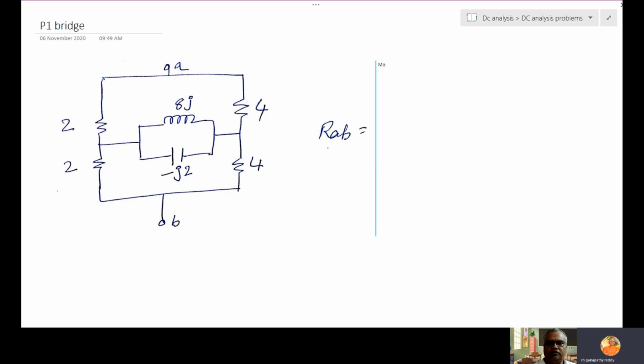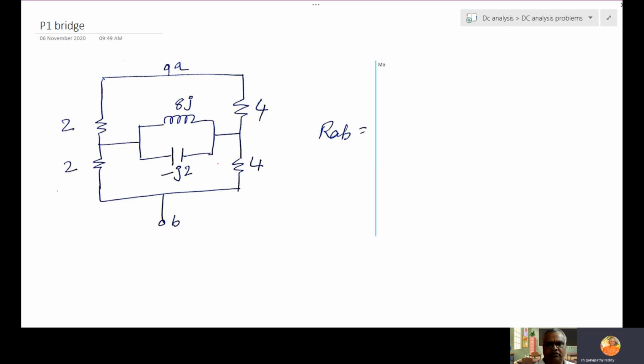In this problem, the question is find RAB, find the equivalent resistance across A and B. Most of the students solve this problem like this. They think that this 2 ohm, 8J, 4 will form a delta connection and 2, minus J2, 4 will form another delta connection.